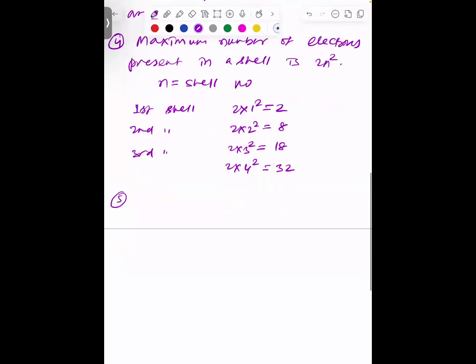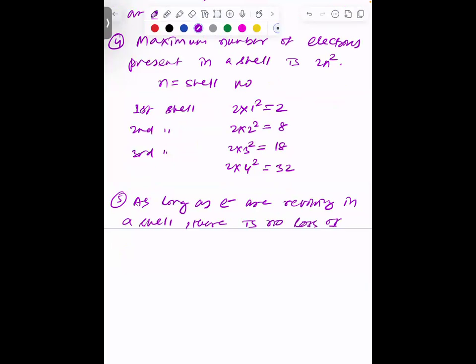So that means as long as electrons are revolving in a shell, there is no loss or gain of energy.